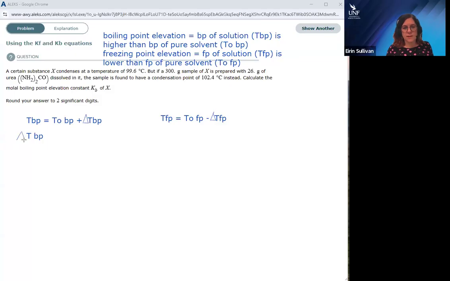So delta T BP is going to be related to the constant Kb, the boiling point constant, times the molality, okay? And it's essentially the same equation for freezing point. The difference between the temperature of the freezing point of the solution and the pure solvent is going to be Kf, a different constant, the freezing point depression constant, times the molality. So you're going to take the same kind of approach regardless of which one you're being asked about.